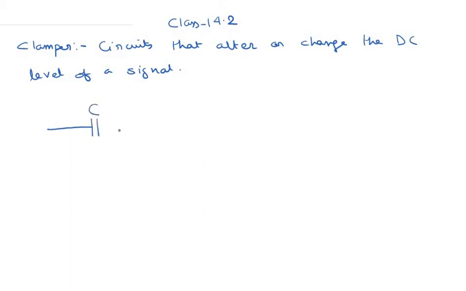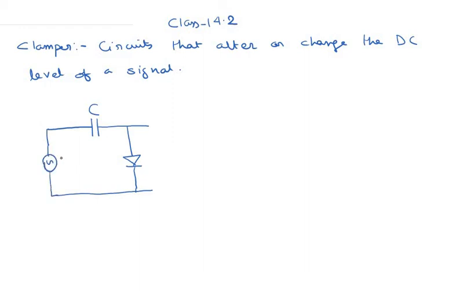So we have a capacitor C which is connected to a diode, and then this is an AC signal source.